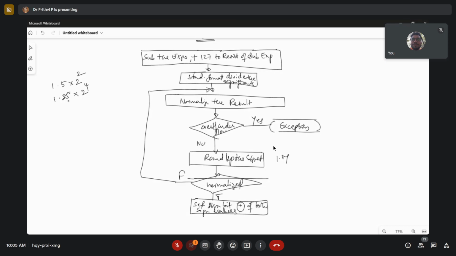I want to add these two numbers. This is the floating point addition format we want to perform.